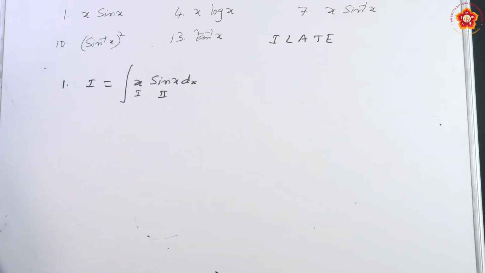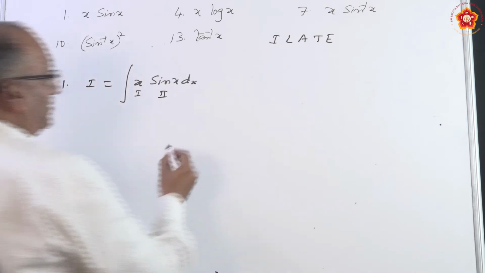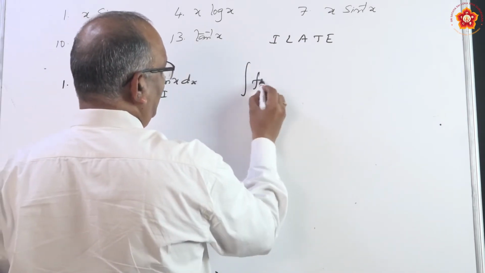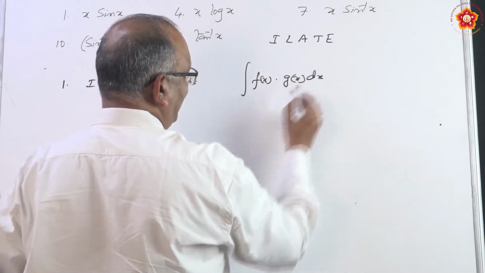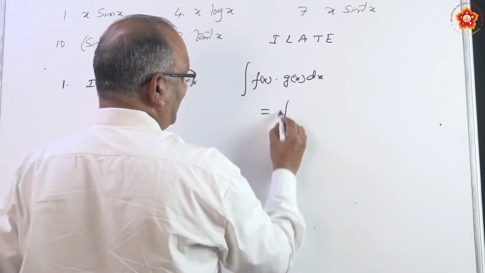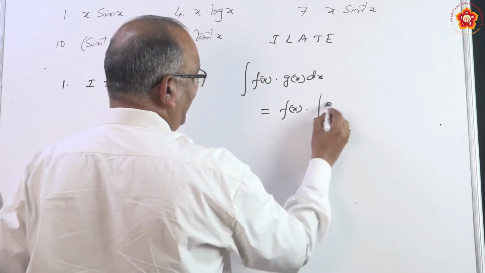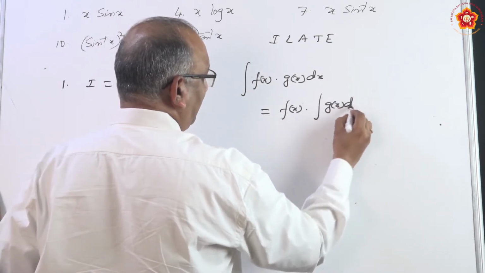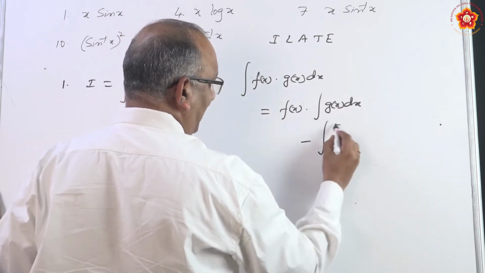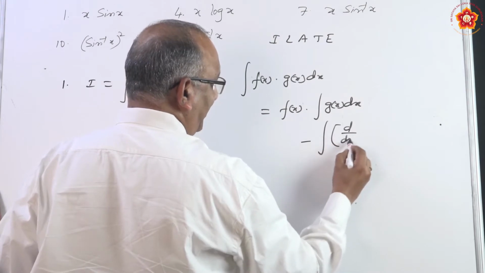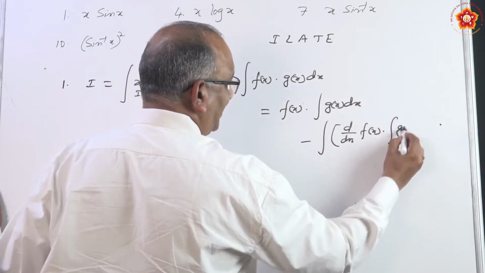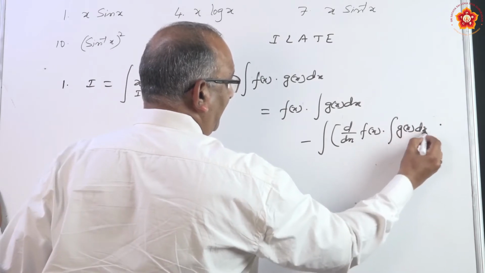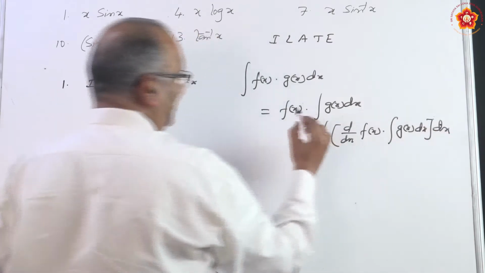Use the formula. What is the formula? Integration of f(x) into g(x) dx equals first function into integral of second function minus integral of derivative of first function into integral of second function, whole integral. This is the formula.